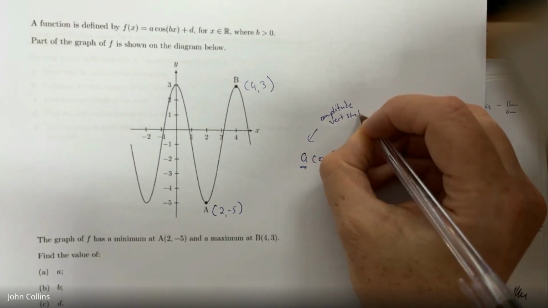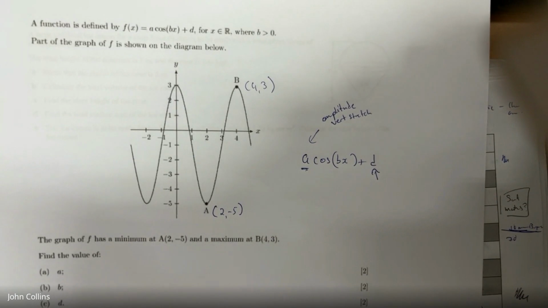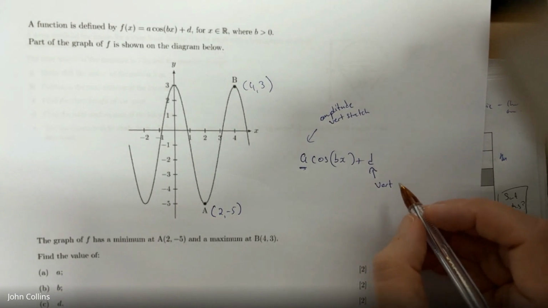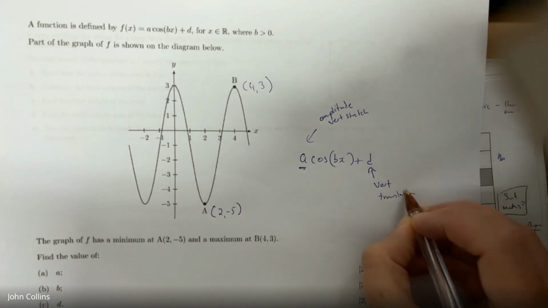What does the letter d add? Anything added to a function will cause a vertical translation, up and down.